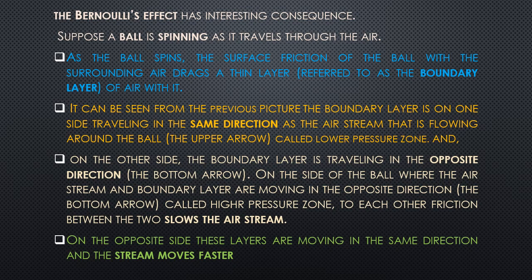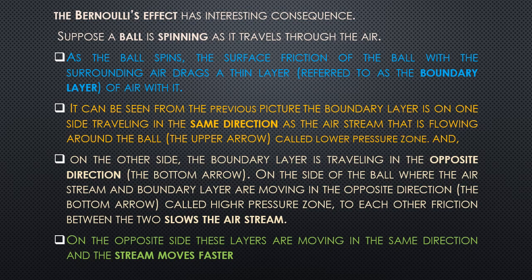Suppose a ball is spinning as it travels through the air. As the ball spins, the surface friction of the ball with the surrounding air drags a thin layer, referred to as the boundary layer of air, with it. It can be seen from the previous picture that the boundary layer on one side is traveling in the same direction as the air stream flowing around the ball.